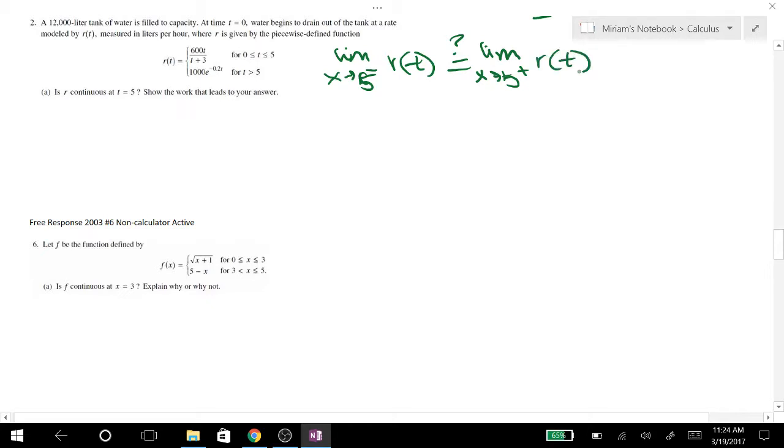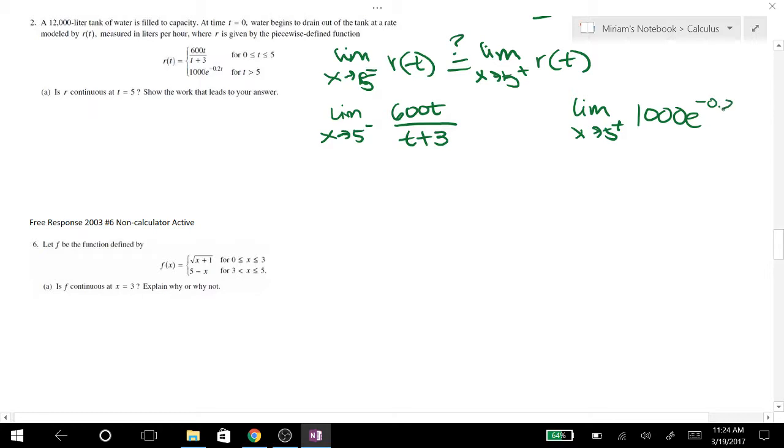So from the left, I'm using the limit as x approaches 5 from the left of 600t over t plus 3. You can read the problem and make sure that you understand where I got this function. And check the limit as x approaches 5 from the right of 1,000 e to the negative 0.2.